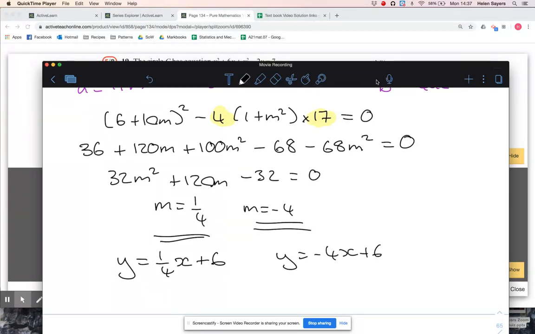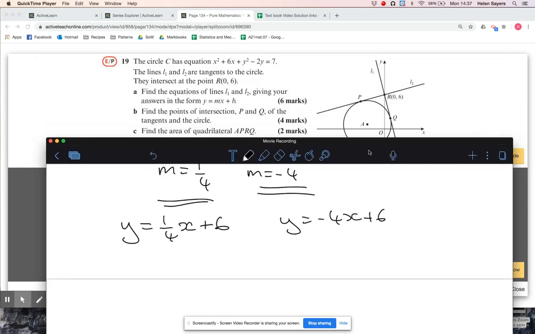And I can say as well which is which. So line 2 is the not very steep positive gradient, and line 1 is quite steep in the negative gradient.